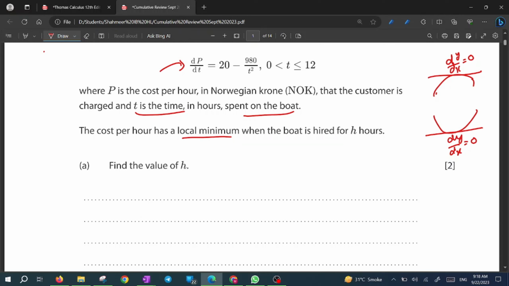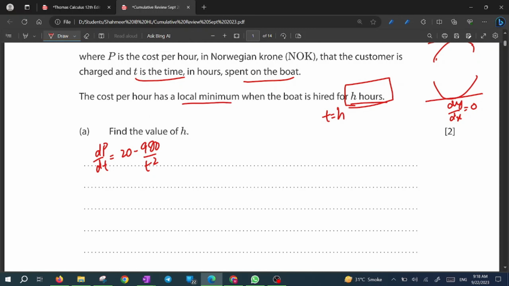In this case, we have dP/dt = 20 - 980/t². We have to find those h hours, because the cost per hour has a local minimum when the boat is hired for h hours.